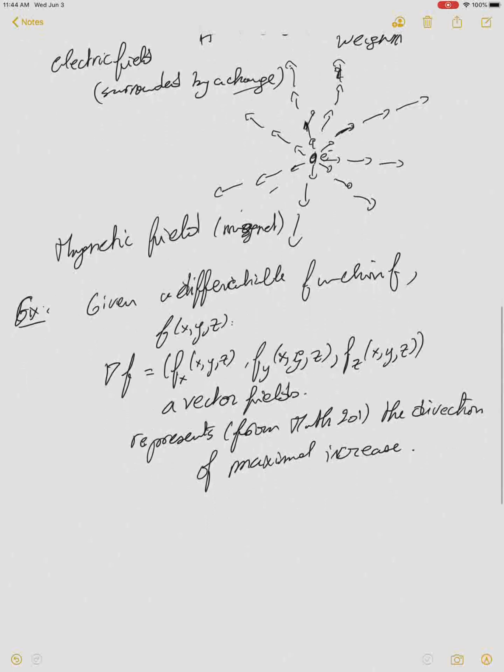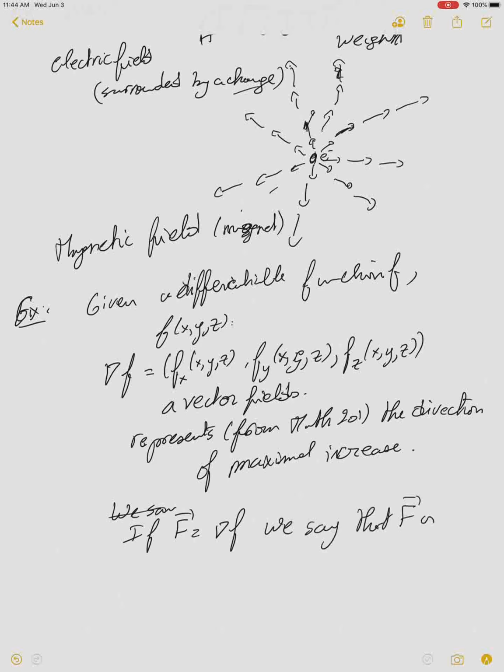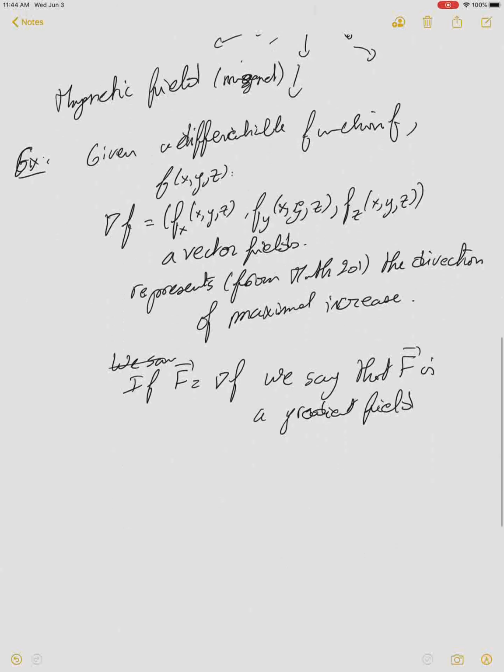Now, if F is equal to the gradient of some function, we say that F is a gradient field. It's a vector field, but not any vector field. We call it a gradient field because it's the gradient of some function.